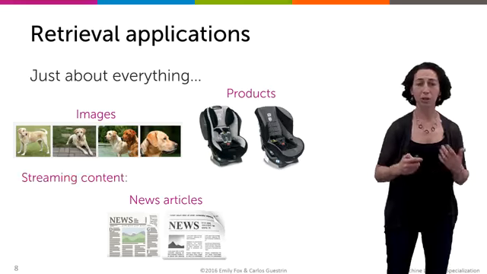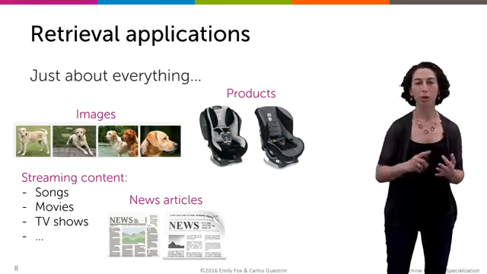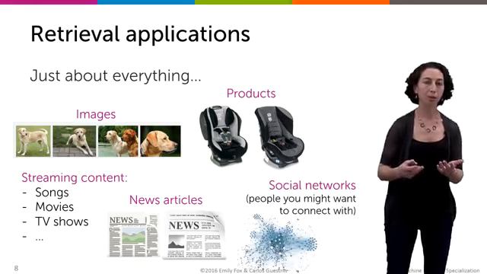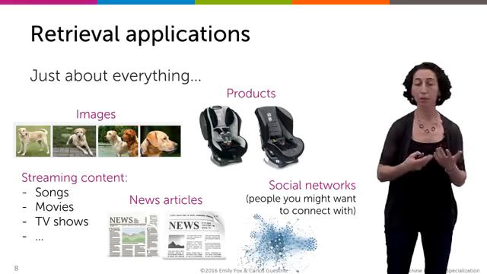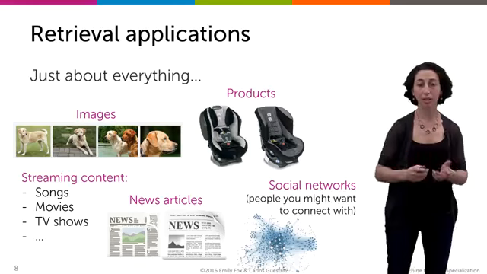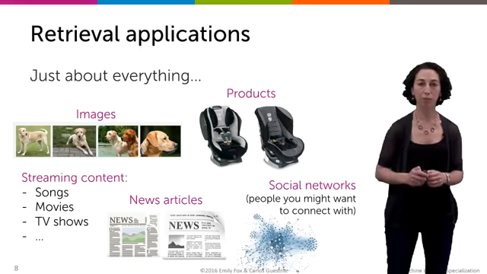And this kind of idea appears in a lot of streaming contexts where you might be listening to a song, watching a movie, or watching a TV show, and you want to be provided with a set of other songs or movies or TV shows that you might also be interested in. Or perhaps you're a user on some social network, and based on features of you as a user, you want to be presented with other people that you might want to connect with. So in general, this idea of retrieving similar items can be a really, really powerful tool. And throughout this course, we're going to discuss ways to provide this type of search.